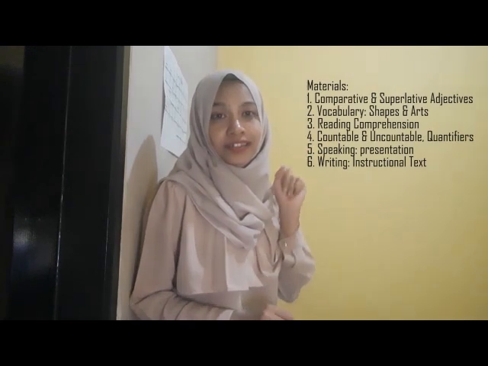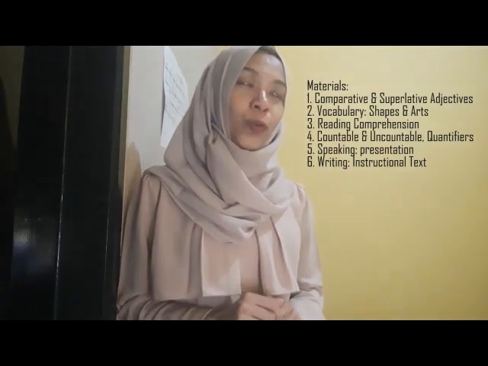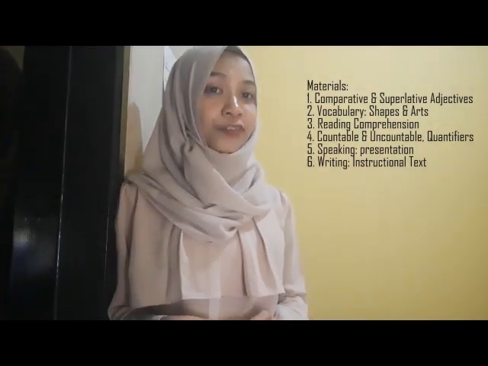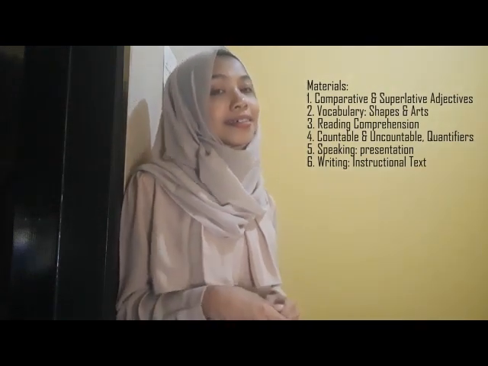Alright, do you still remember what we learned in Home-Based Learning Week 1 until Week 3? How many meetings do we have? Yes, 6 meetings, and we are gonna review all of those meetings. We learn comparative and superlative adjectives. We learn vocabularies, shapes and art.